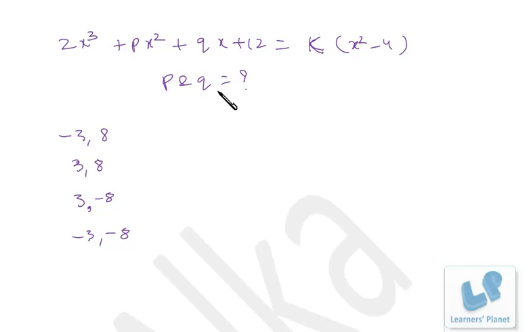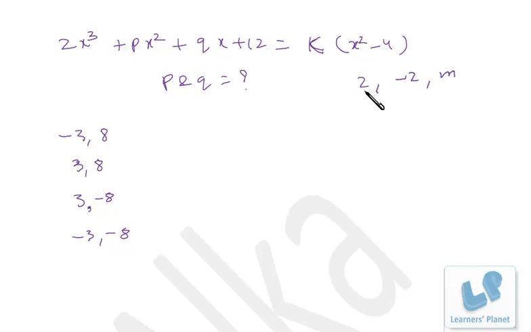The other method is, if you are clear with the basics of equations that I've already discussed in the basic algebraic sessions, you'll be knowing that the two factors we know are 2 and minus 2, and the third factor I assume to be m, right?